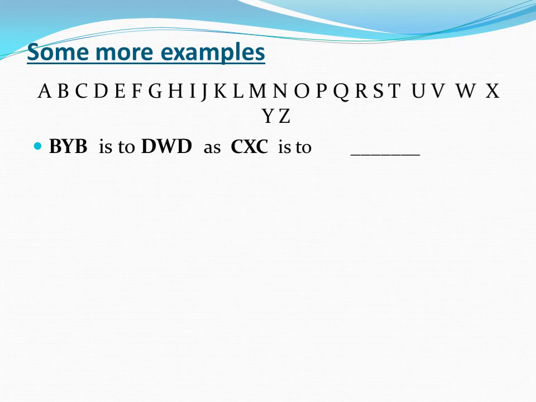For the second part of the question, BYB is to DWD as CXC is to.